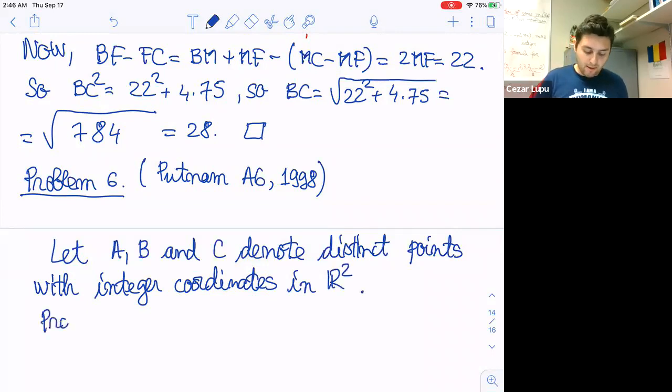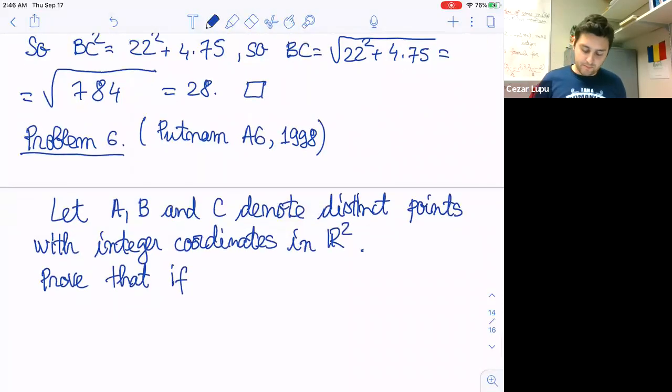Prove that if the following inequality holds: if AB squared plus BC squared, in fact, no, sorry, I'm wrong here.